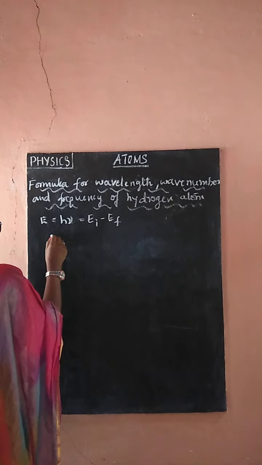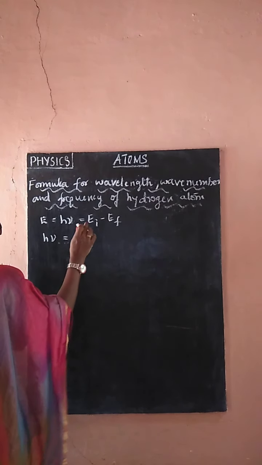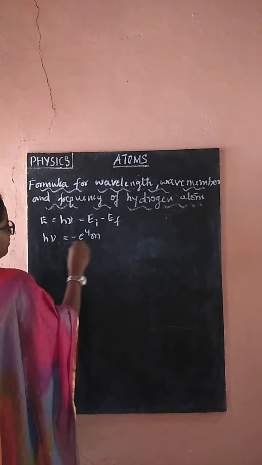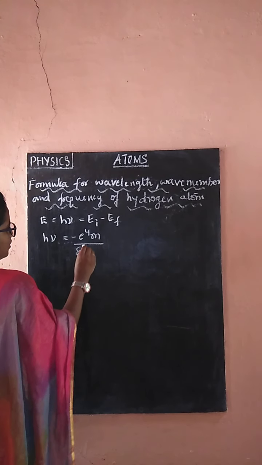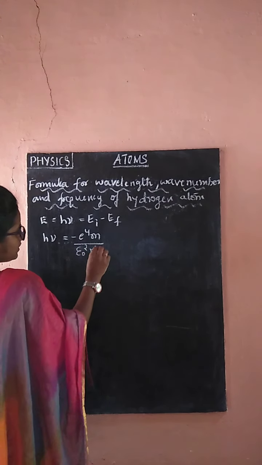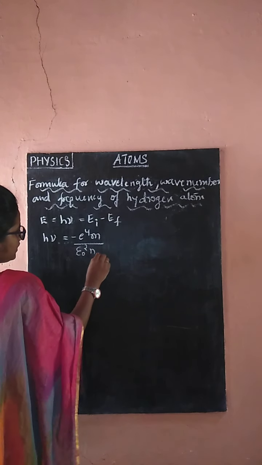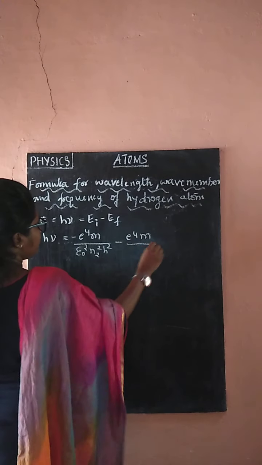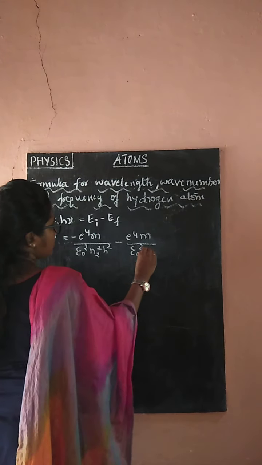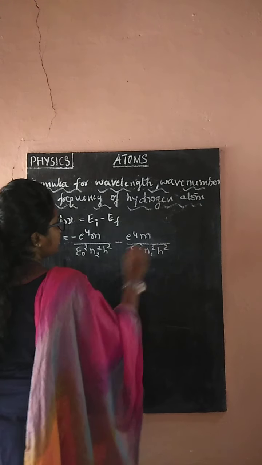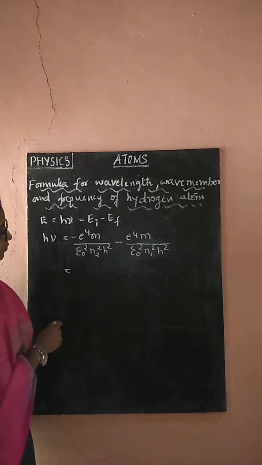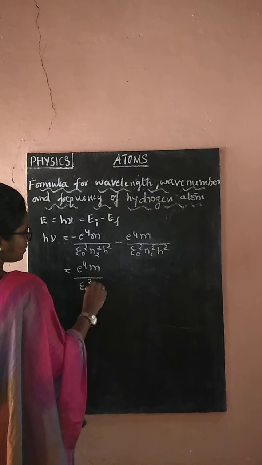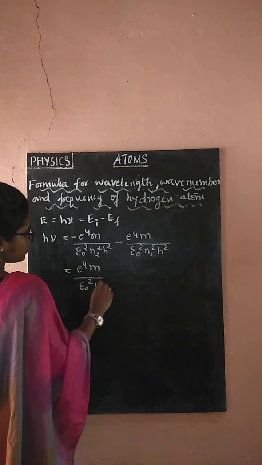So I can write h nu equal to, I know the value for E, that is e to the power 4 m by epsilon naught square n2 square h square for higher energy, minus e to the power 4 m by epsilon naught square n1 square h square.